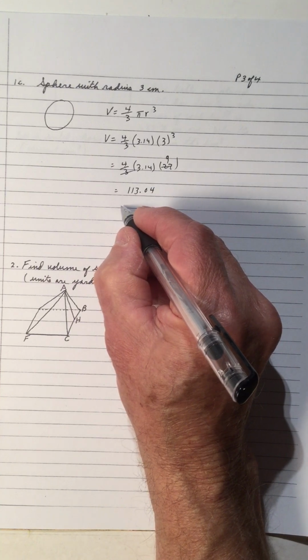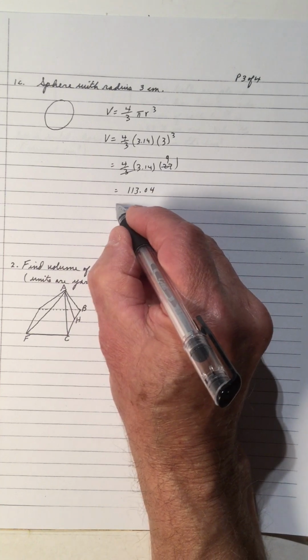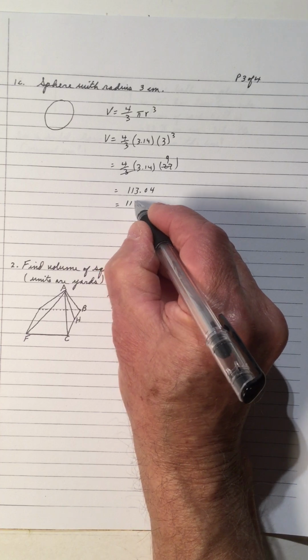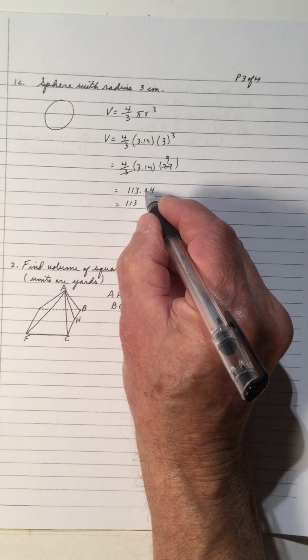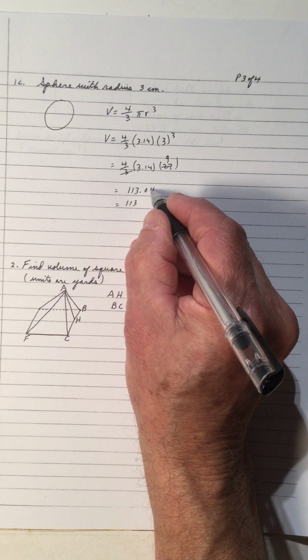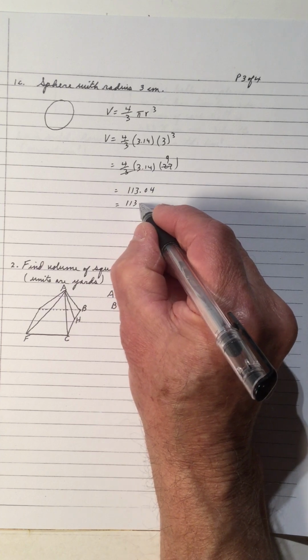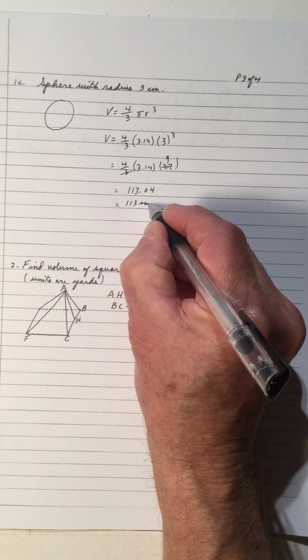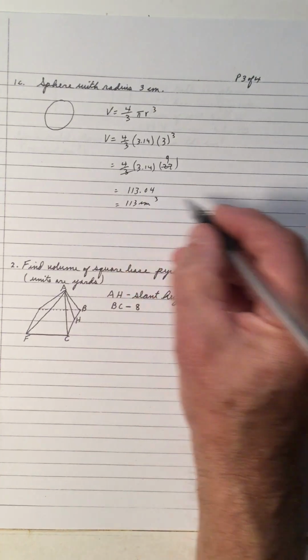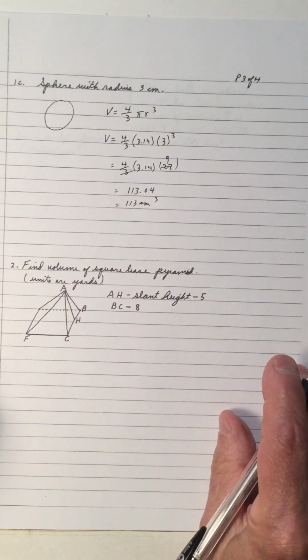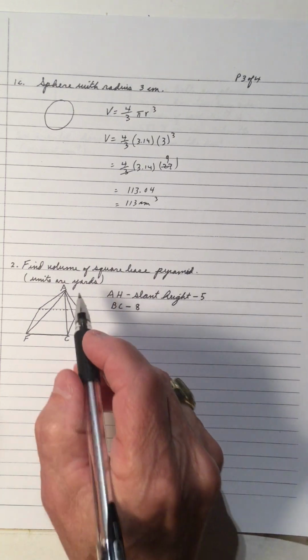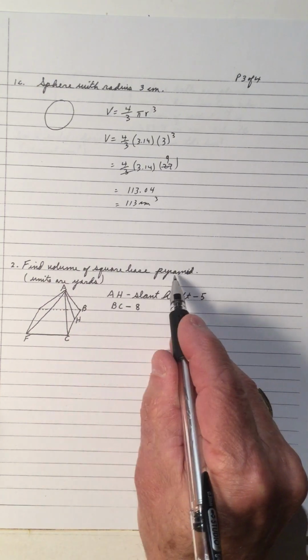And we've got to round it, we said, to the nearest tenth. This is not fiberglass, so you can't round it up, so it's 113, and it's centimeters cubed.